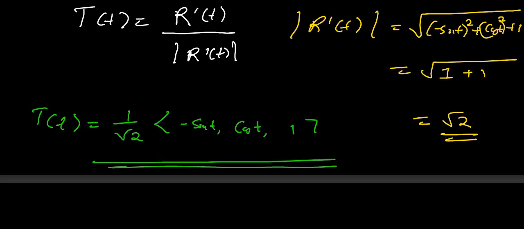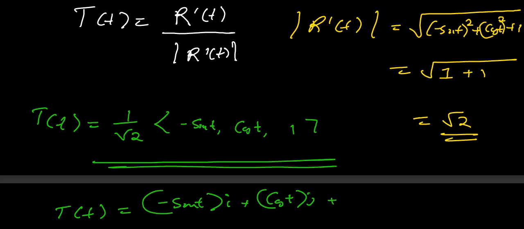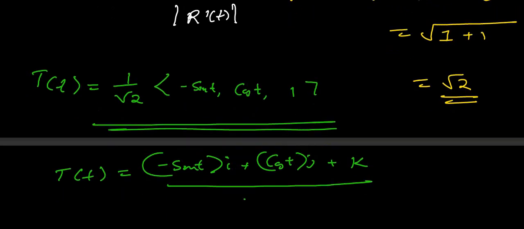It's okay to also show it like this: negative sine t with your i, cos t with your j, plus your k, everything over root 2. We can rationalize, but just leave it there, it's okay.